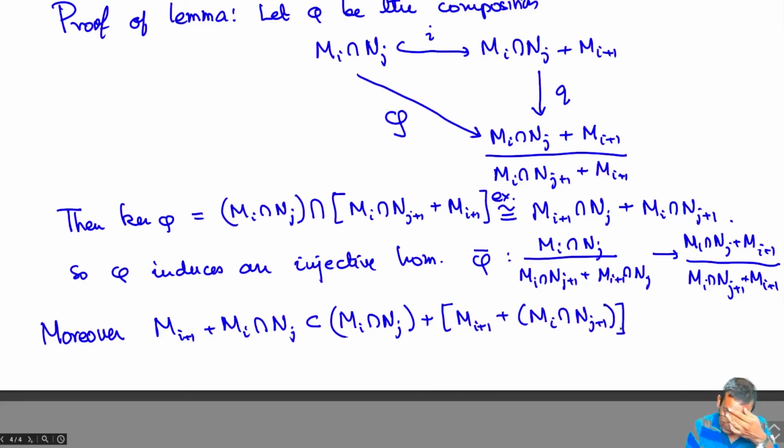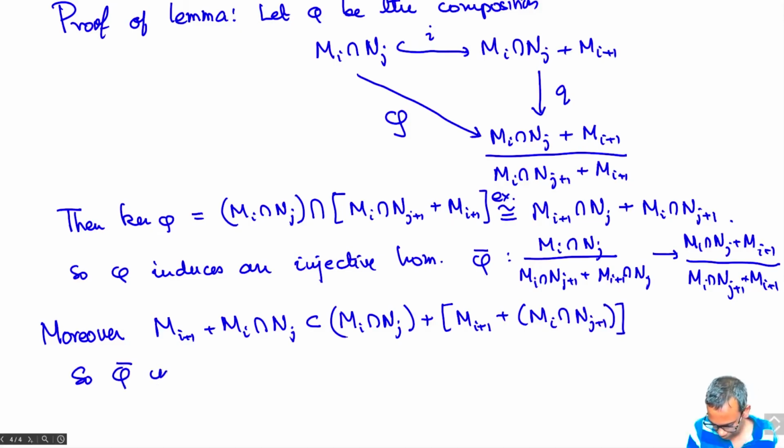And so because of this, phi bar will be surjective, because you're going to get everything over here modulo this in the image of phi. In fact, what this shows is that phi is surjective and therefore phi bar is surjective.